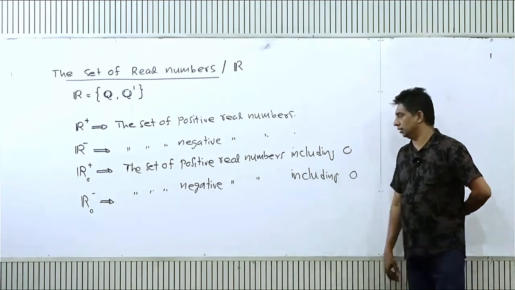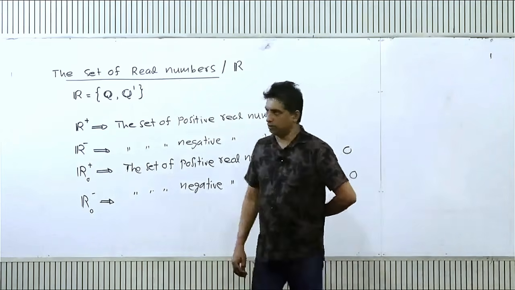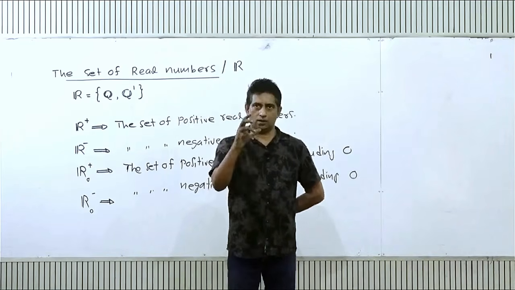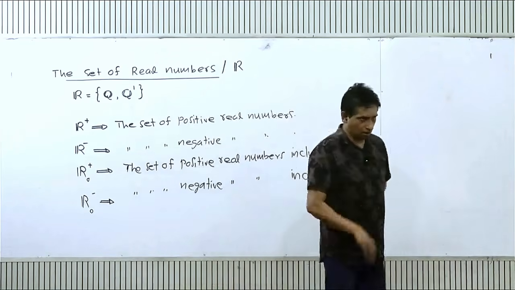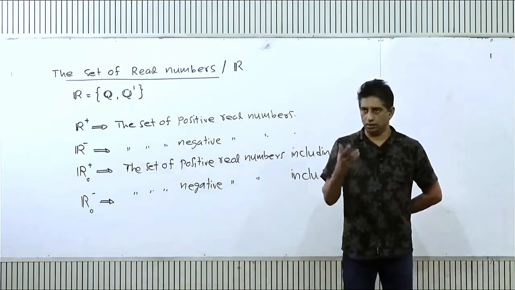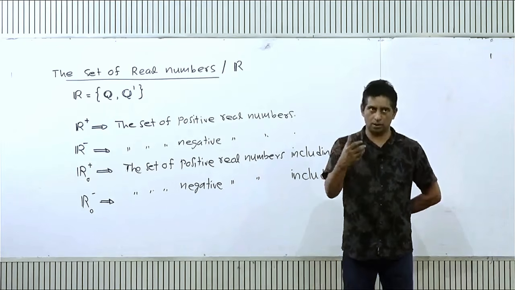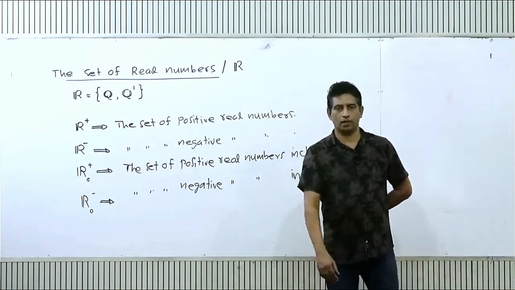These are the number sets we have to learn, and we have to remember these symbols. If we see any sum or text with these symbols, we should identify what the set is and what its elements are. That's enough.